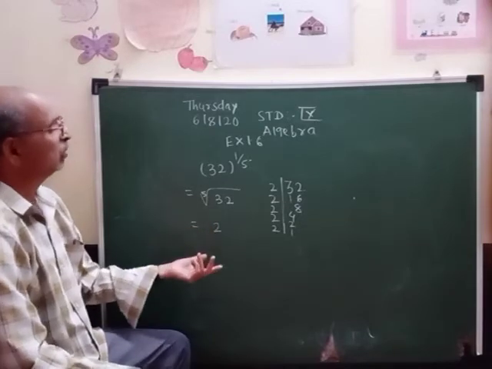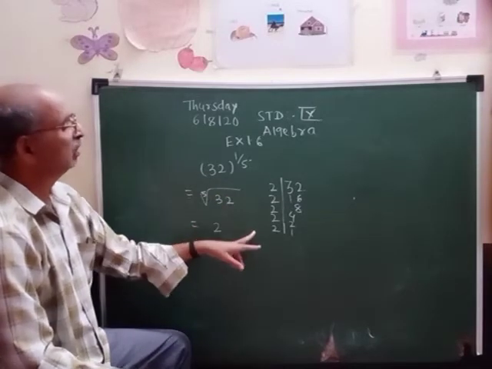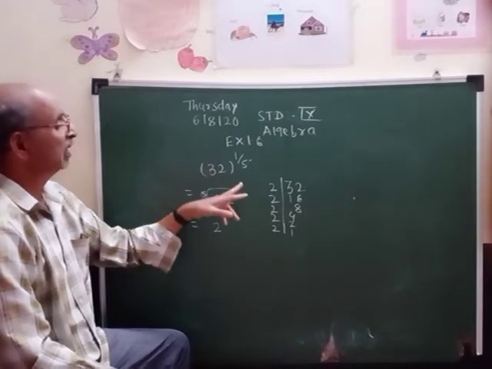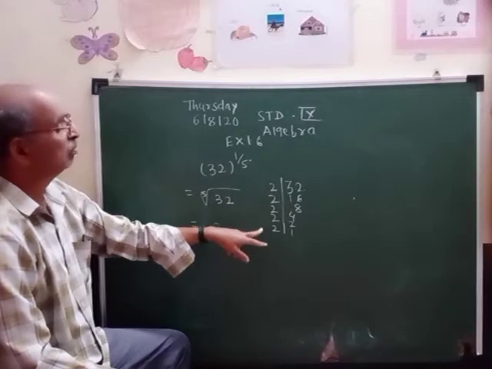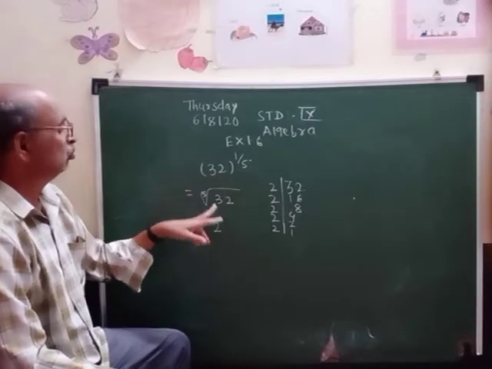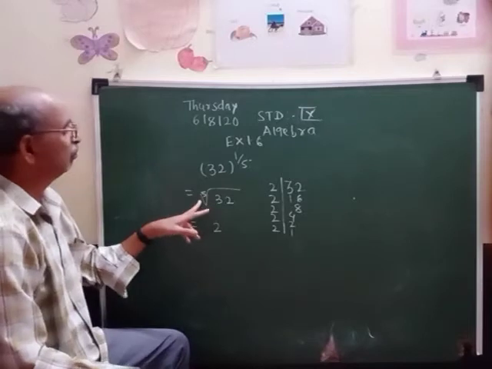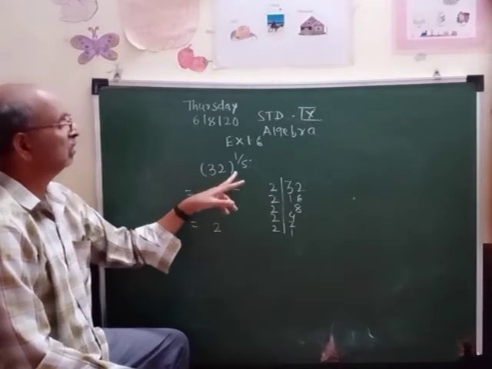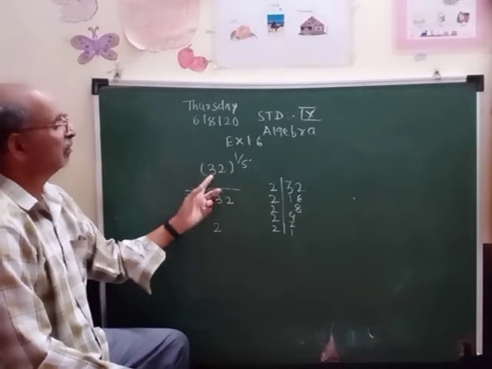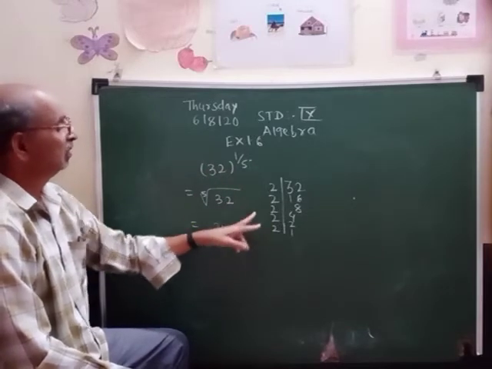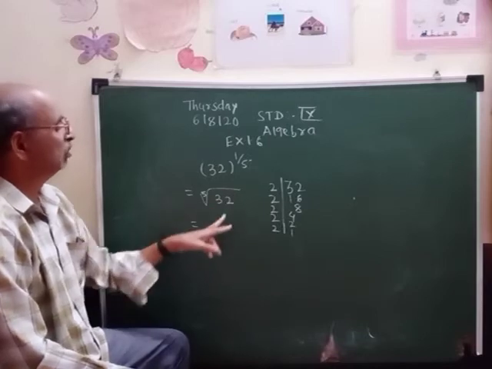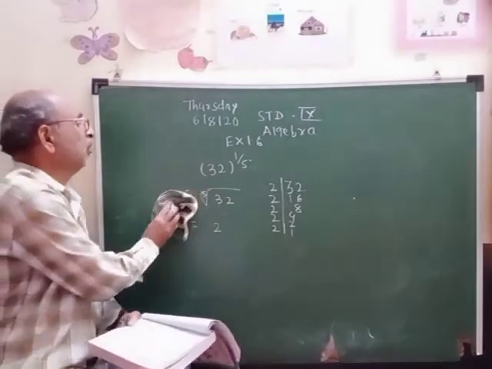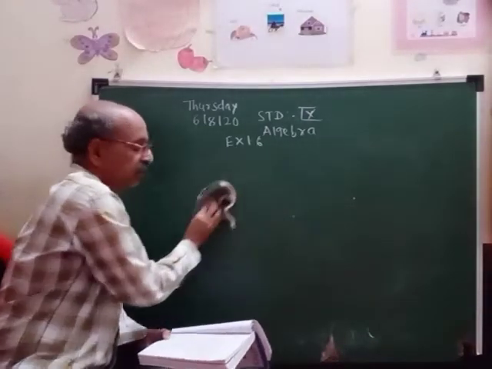Or if you are good at multiplication, you can find the number whose multiplication 5 times is 32. That is also 2, so the fifth root of 32 is 2. It is an easy method to find 1 upon fifth or 1 upon 3, whatever is given. You can use the method of prime factorization to find the fifth root of 32, that is 2. Now one more we see from here, that is a little bit difficult one.